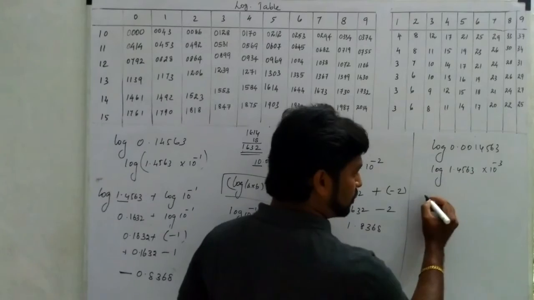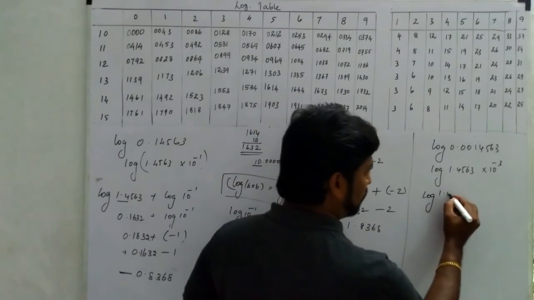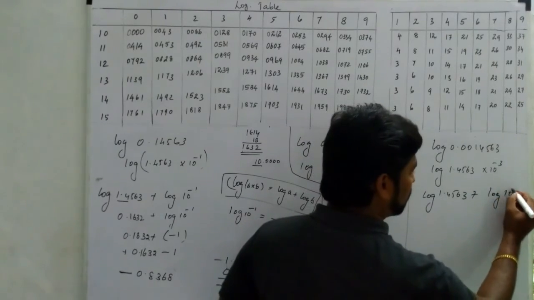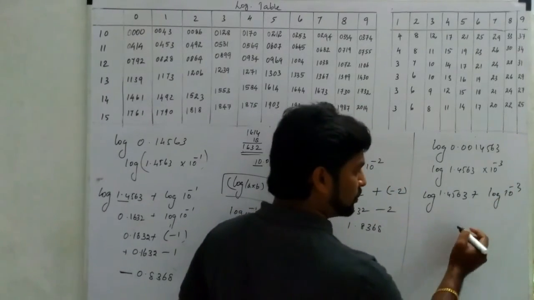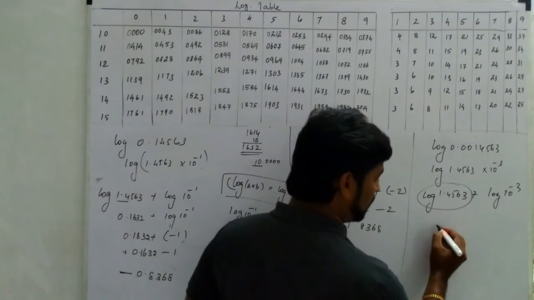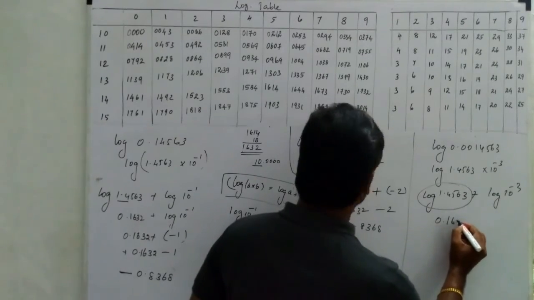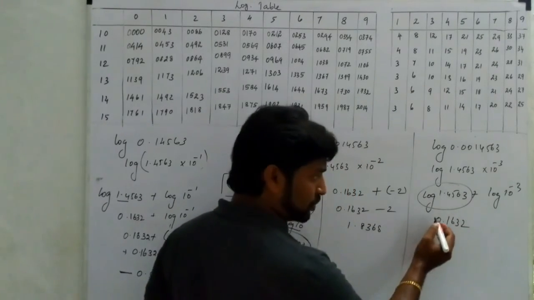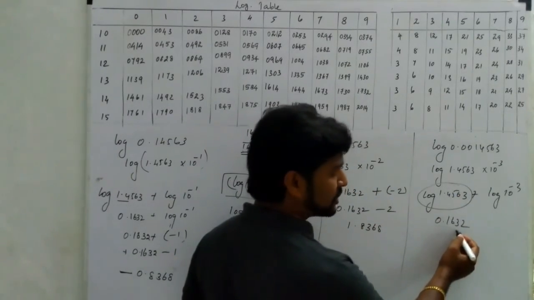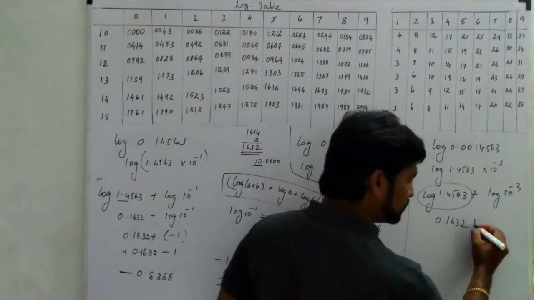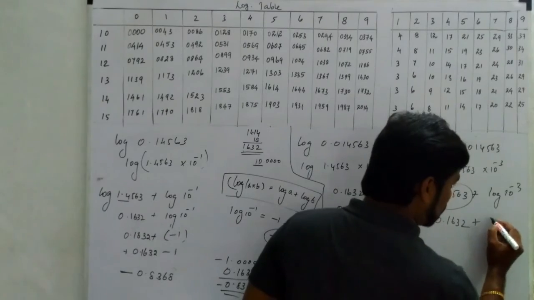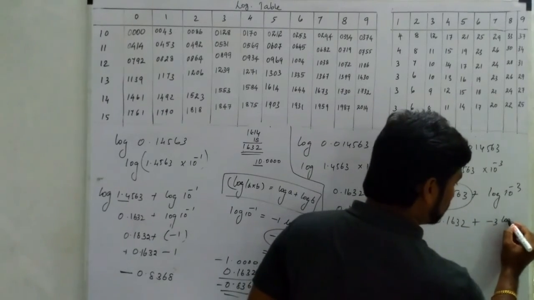In the same method, for the third number, first we convert into log 1.4563 plus log 10 power minus 3. Then we take the log for this number: the log value from the 14 row, 5th column, and 6th column gives 0.1632, plus minus 3 log 10.